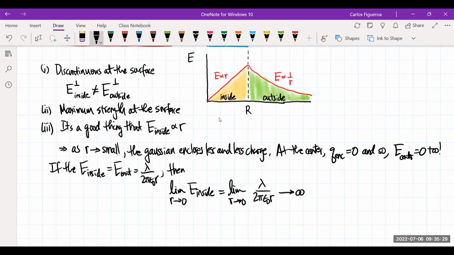So we are saved that the field does not behave the same as the outside, because otherwise we would have a problem. We have a problem if the field was the same as the outside, but it's not.